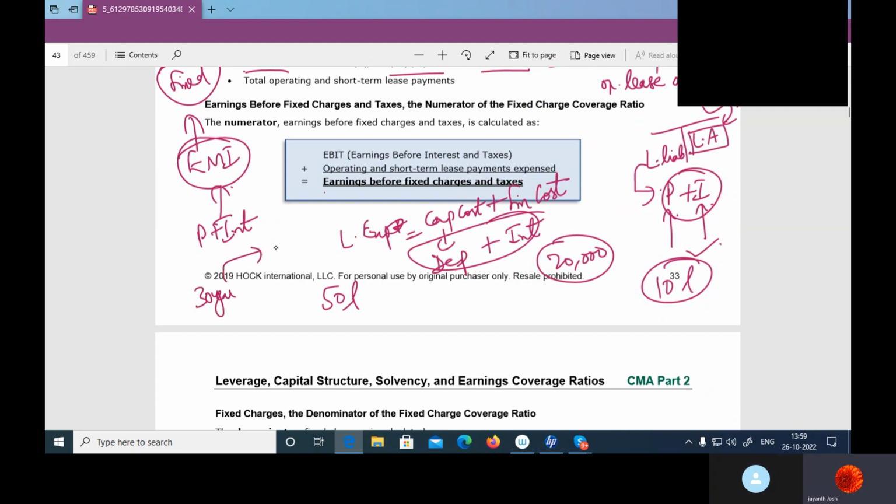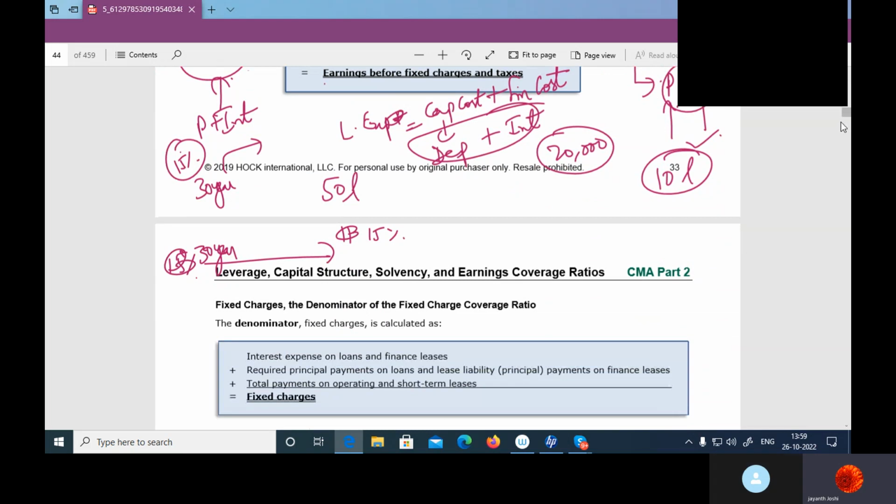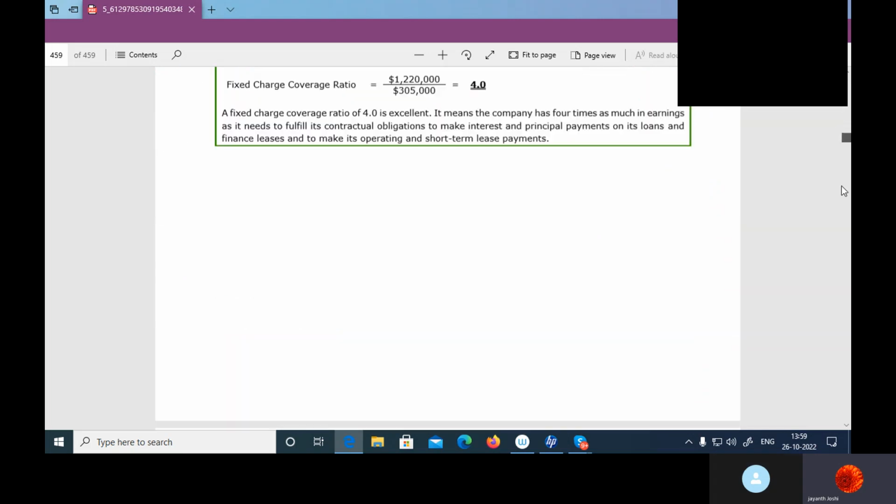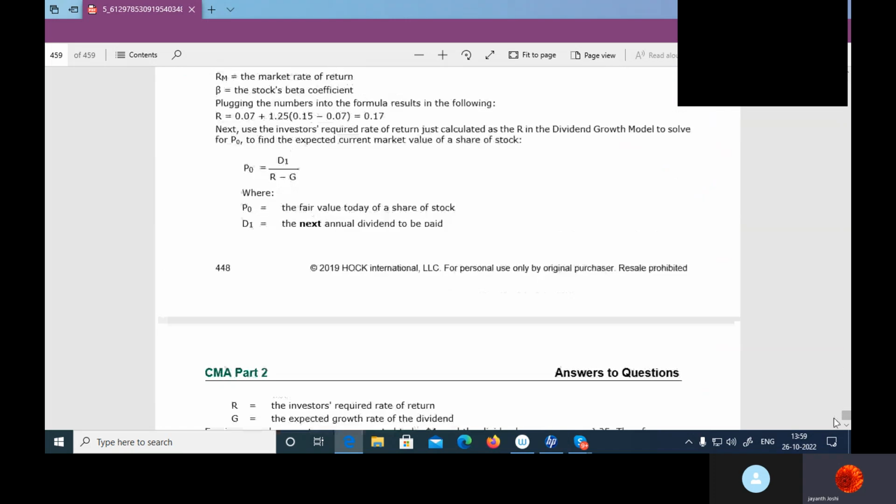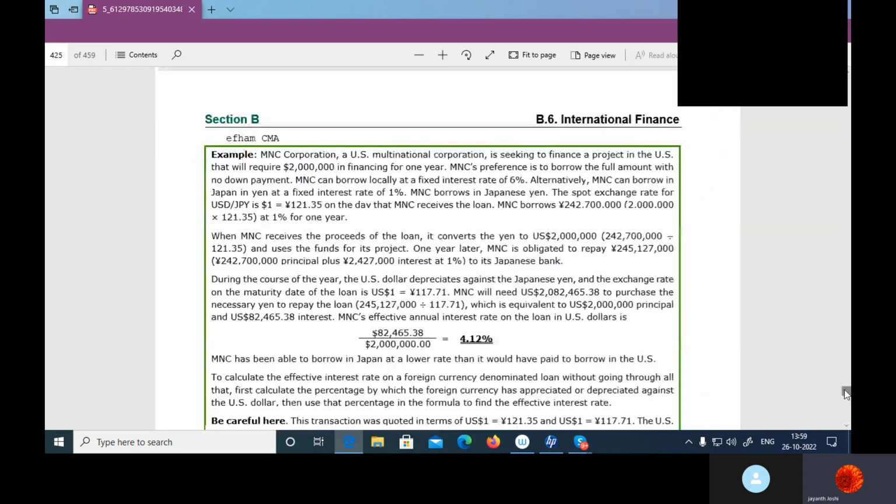So you have to go to the annuity table. In the annuity table, you have to see 30 years, and let's say 15% is the interest. You look at the 15% rate and 30 years in the table, and you'll get an annuity factor.